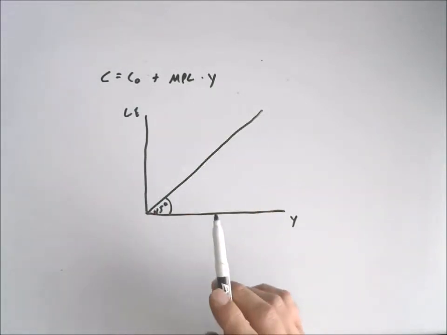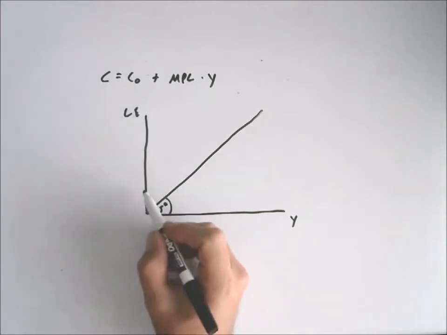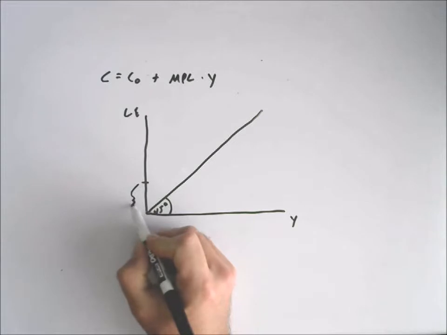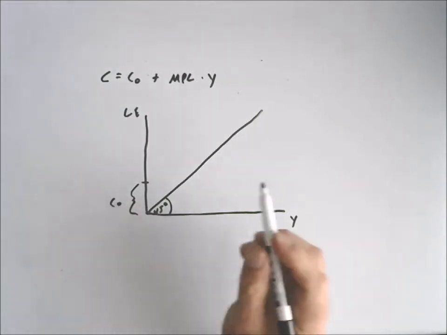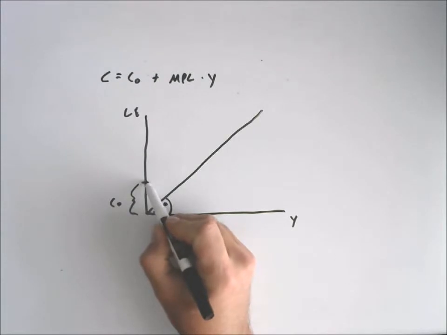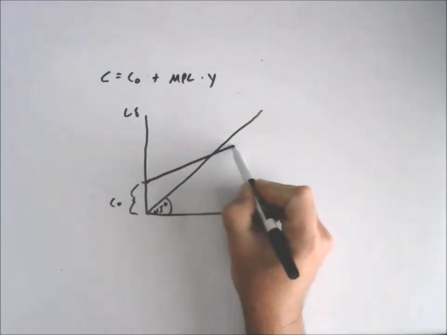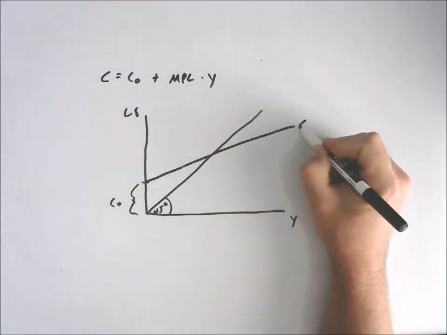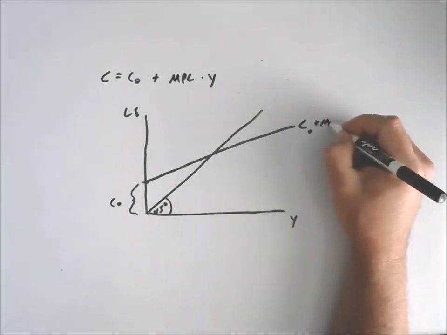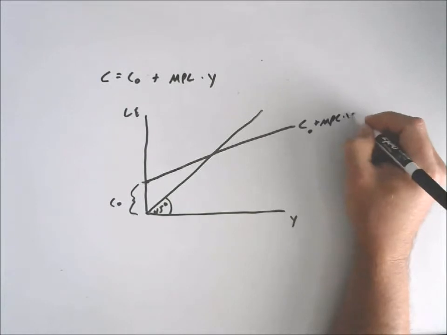However, because we have some level of positive autonomous consumption measured by this distance here, and MPC is less than 1 but greater than 0, we have a consumption function that looks like this, okay? This is C0 plus MPC times Y.